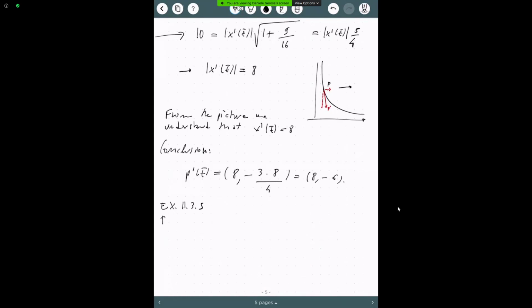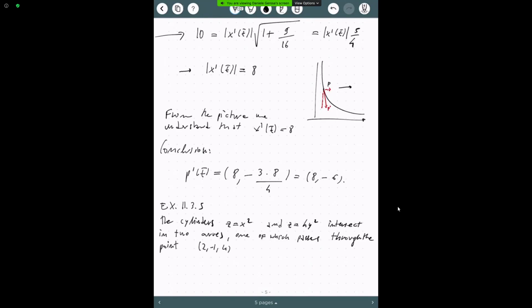We have two cylinders, z equal to x squared and z equal to 4y squared, which intersect in two curves, one of which passes through the point 2, -1, 4.